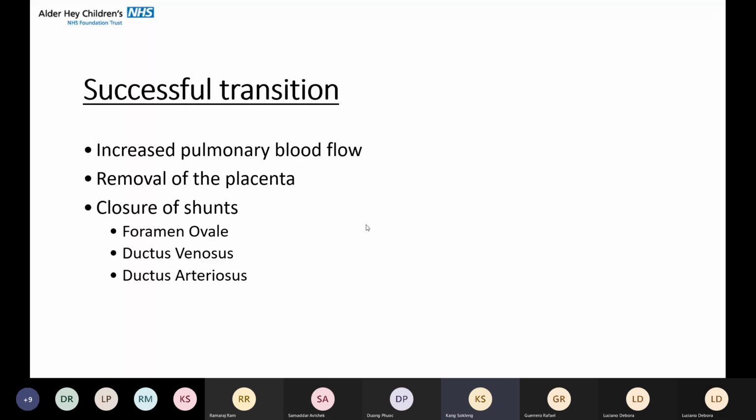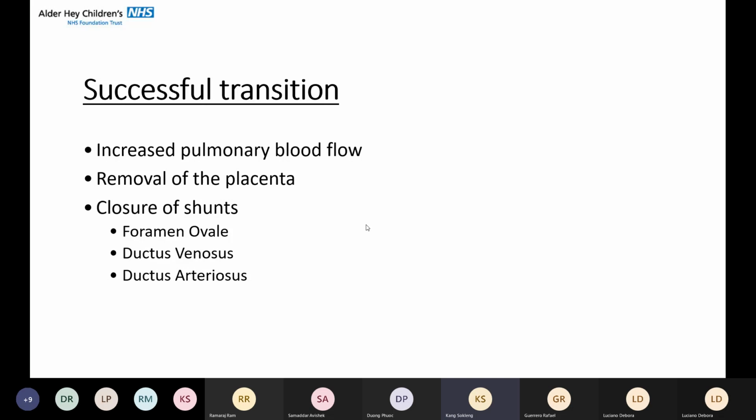However, when they compared the group with a restrictive or even intact atrial septum that had fetal intervention against a group that didn't, they didn't show any change in overall survival, in terms of discharge from hospital and 1-year mortality. So it's very difficult to tell in this case whether fetal atrial intervention has made an impact or not.